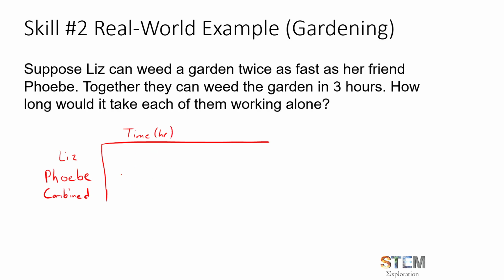And I can plug something in here for now. So for example, if Liz can garden twice as fast as her friend Phoebe, what I could do is just say H for the number of hours that it's going to take her, and Phoebe's going to take twice as long because she's slower. She's twice as slow.